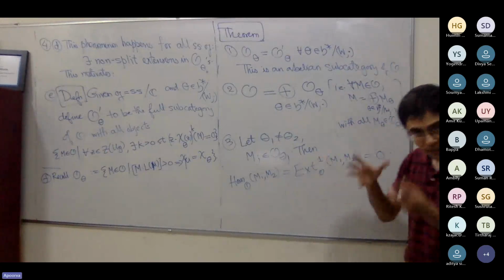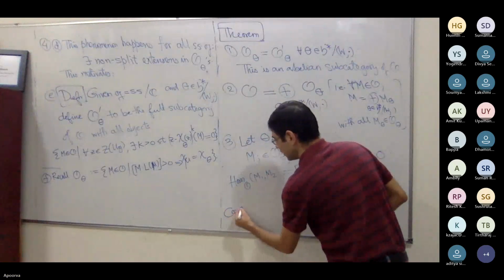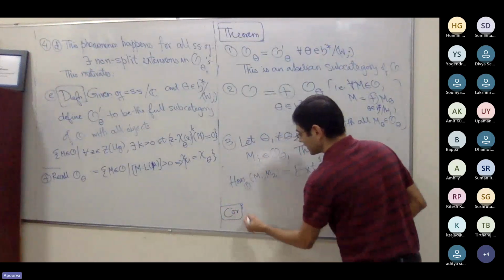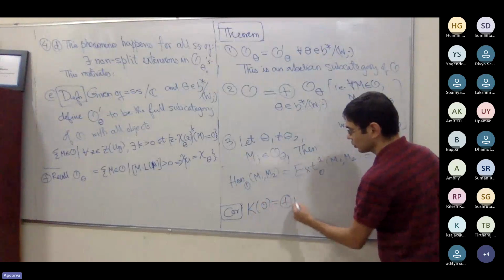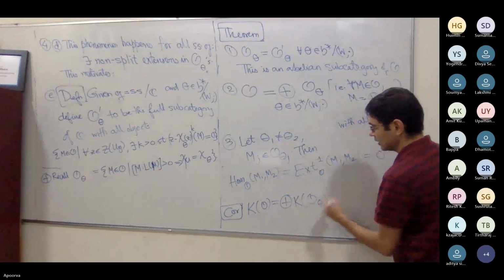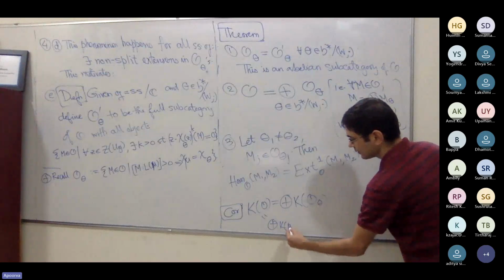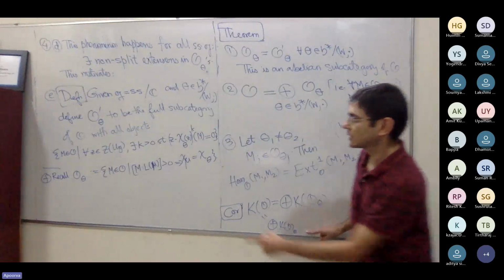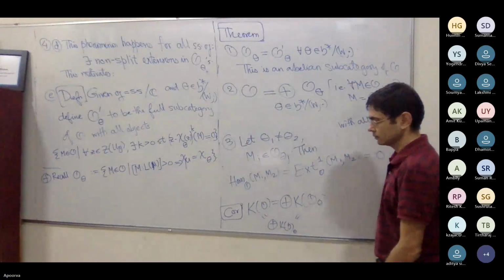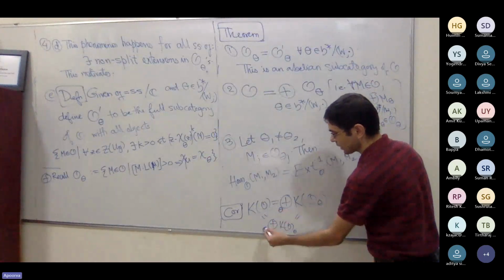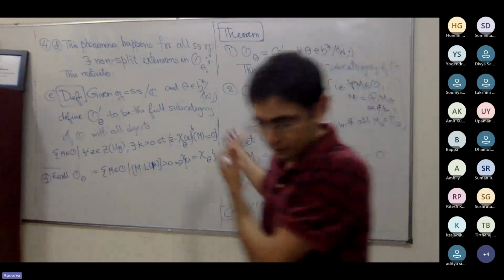So this is the broad structure of the category. And as a corollary, what we saw was that the Grothendieck group of O is equal to the direct sum of the Grothendieck groups of O thetas. And last time we defined it in this way, but that was just the same as saying the sum over theta.